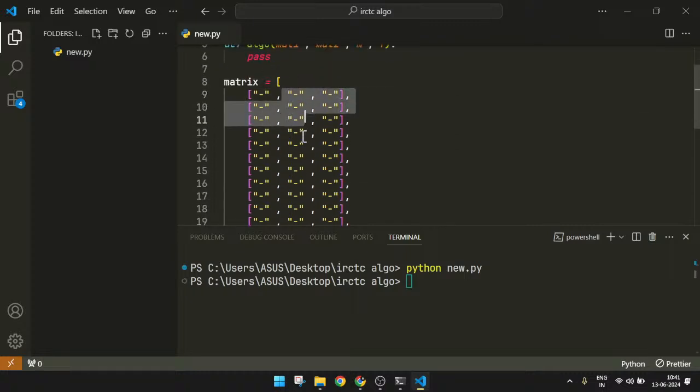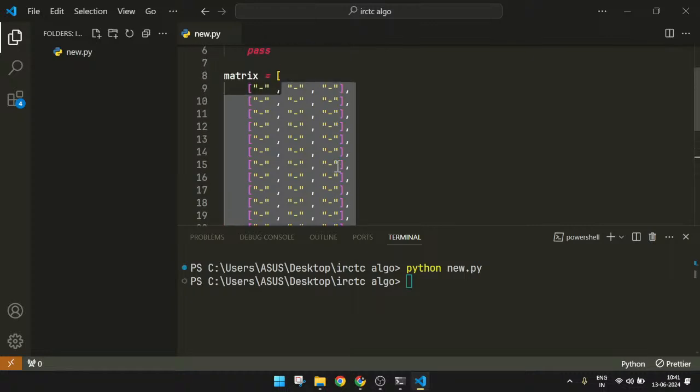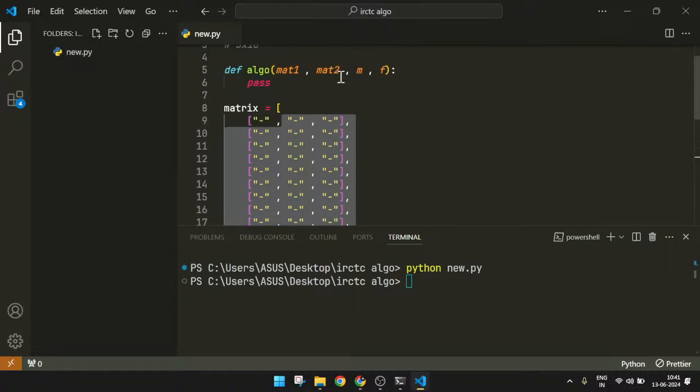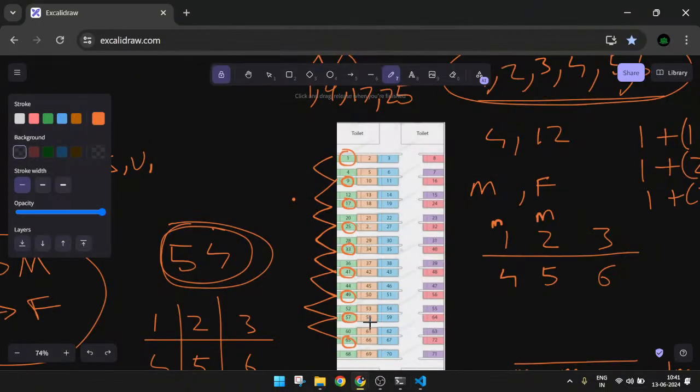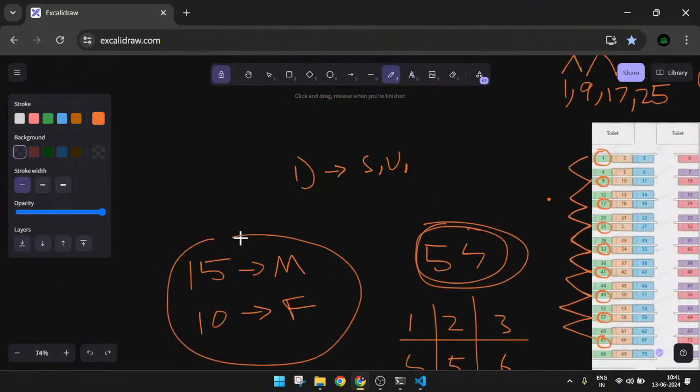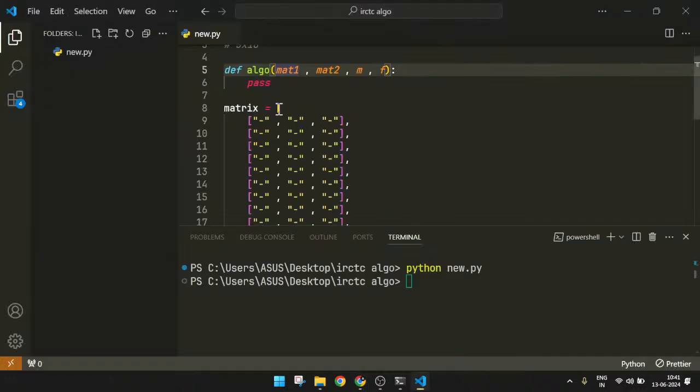So I'll assign all the males in the middle first. This is my first preference. How many males do we have? We have 15 males and 10 females.